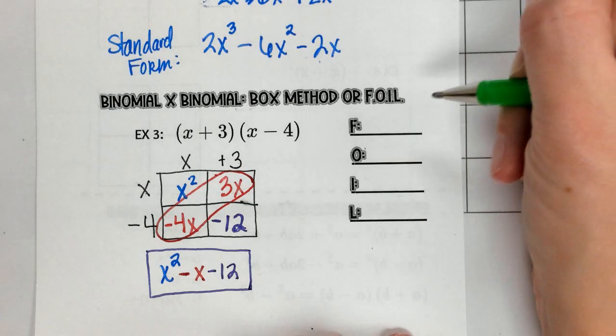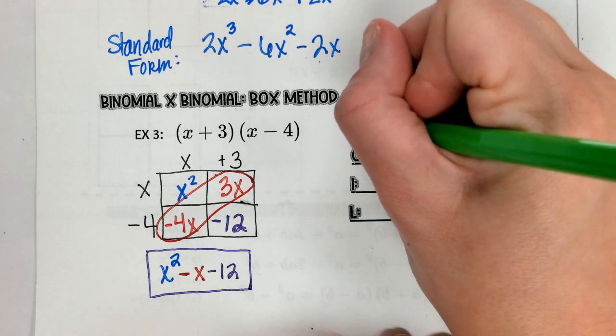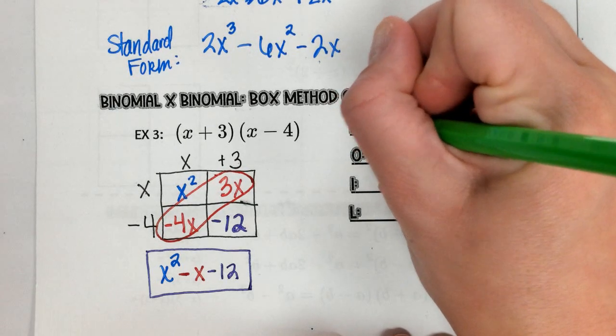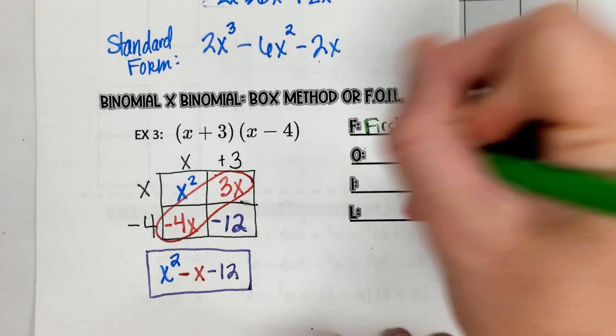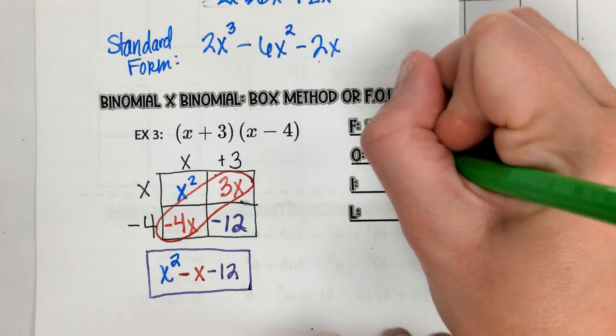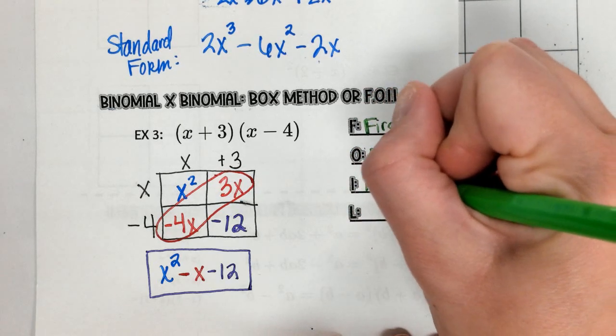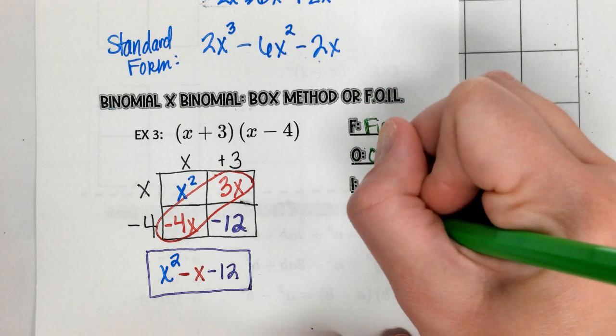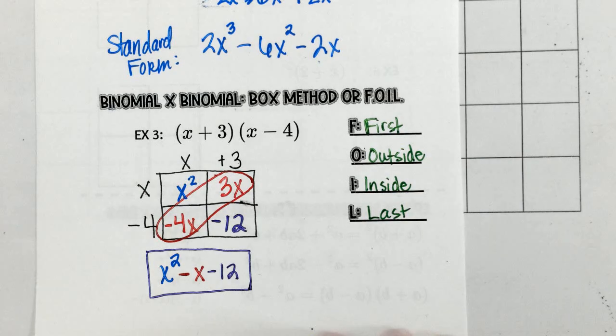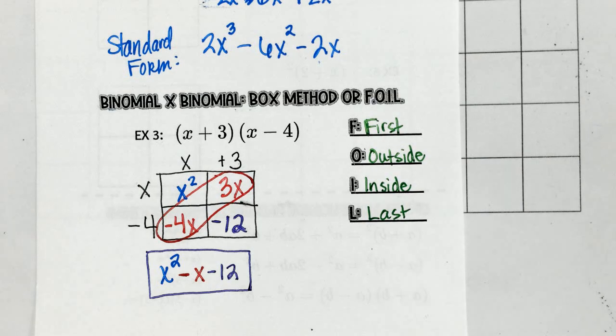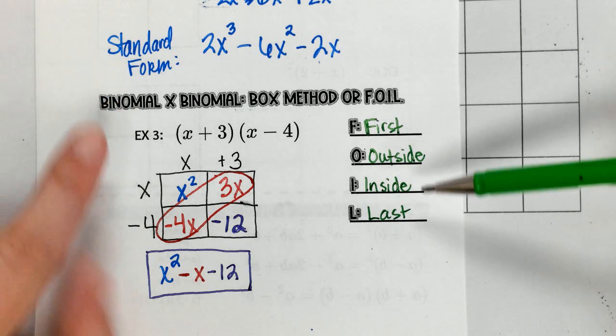It's called FOIL. The words in FOIL stand for this. First, outside, inside, last. Okay, so what that means is that it just tells you what terms to multiply.